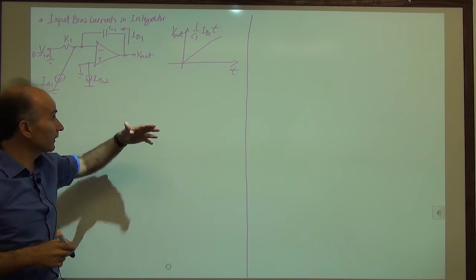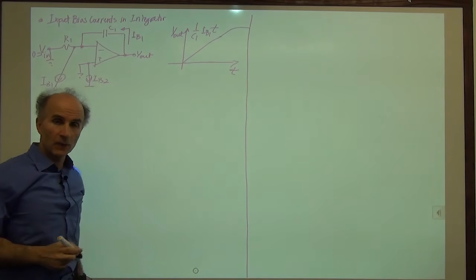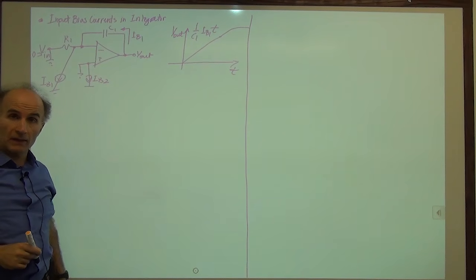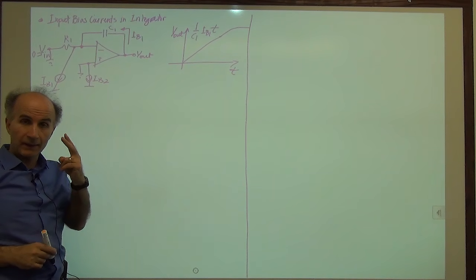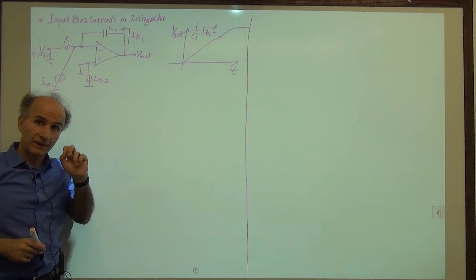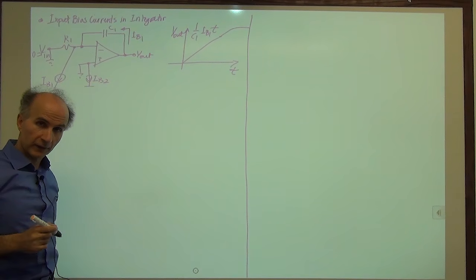And it will go up until the op-amp saturates, and then we're stuck. Okay? All right, so the integrator fails for two reasons. One is integration of its DC offset voltage, and the other is the integration of its input bias current.